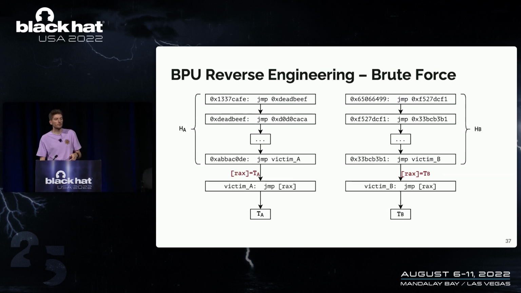Let's do a small last experiment. Let's completely separate the two code paths, so we no longer have a single indirect branch. We have two of them.